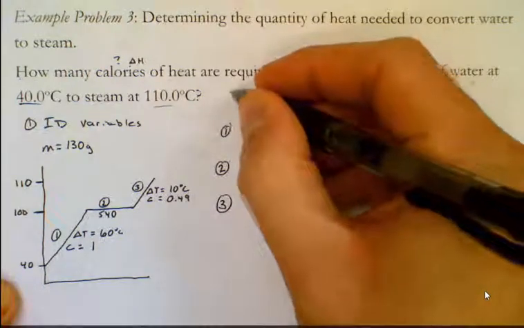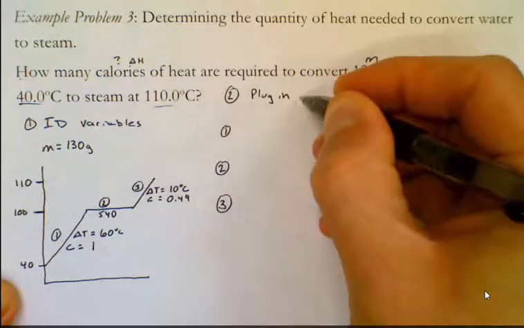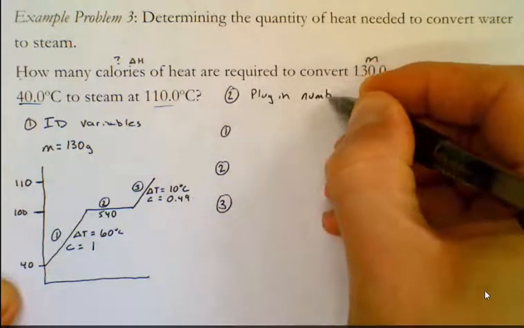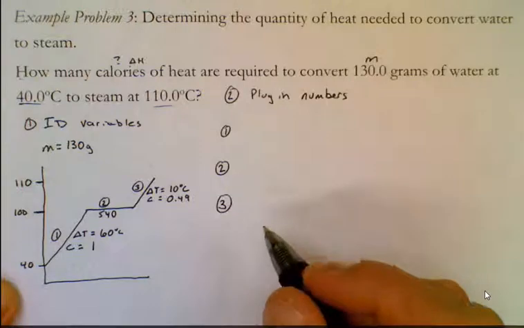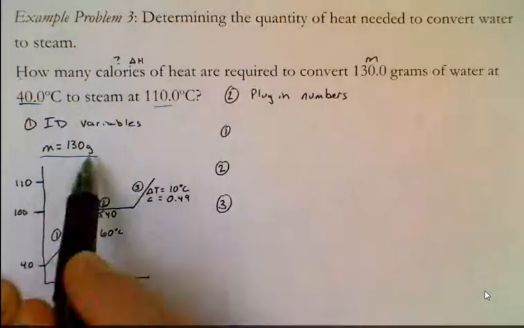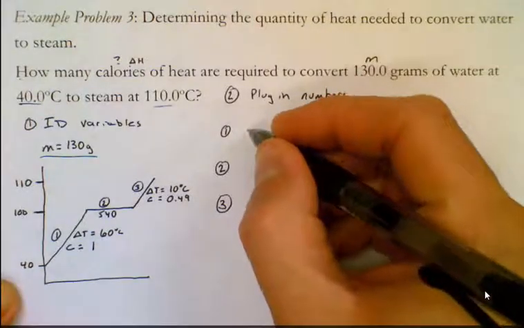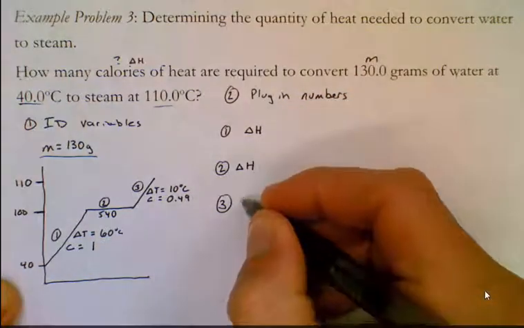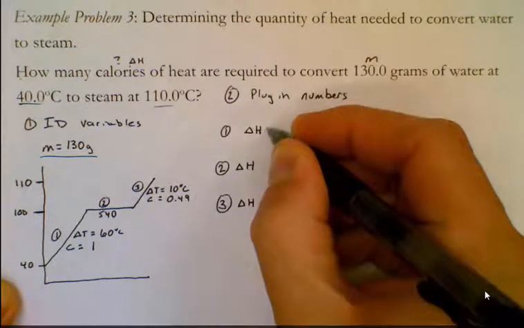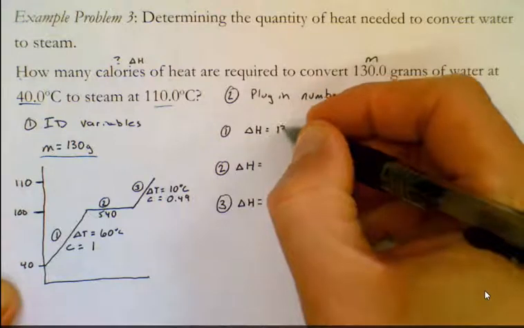So now we're into the second step of our problem solving, and that's to plug numbers in. Because this problem only gives us one mass value, we're going to use delta H equals m c delta T for most of these. All of these are going to be changing heat. All of these are going to use the mass.